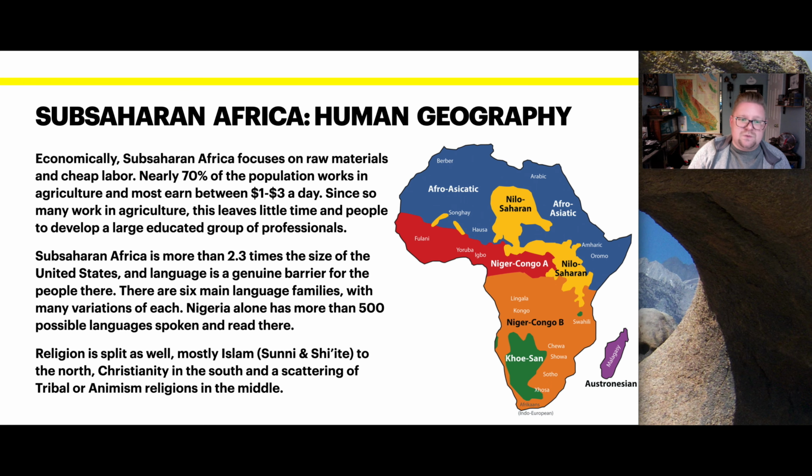Religion is split as well, mostly Islam, which is Sunni and Shiite, to the north, as well as Christianity to the south, and a scattering of tribal and animist religions in the middle. This diagram on the right of Africa distinguishes the different language groups that are identified. But again, each language group has its own variation and style that can be very different.